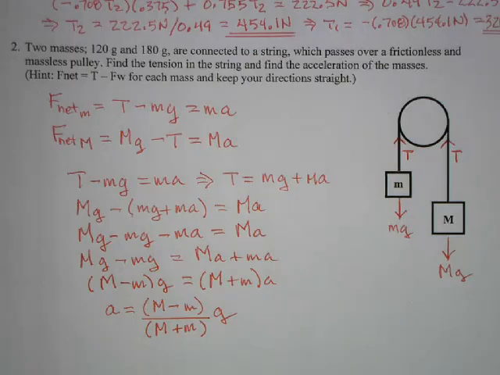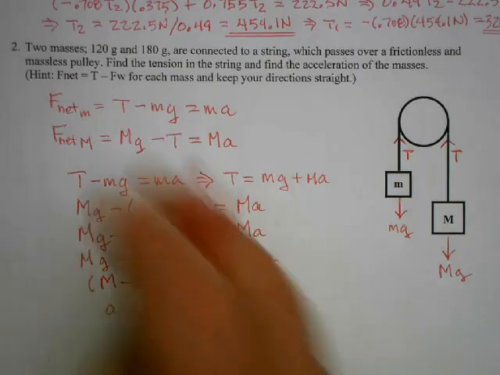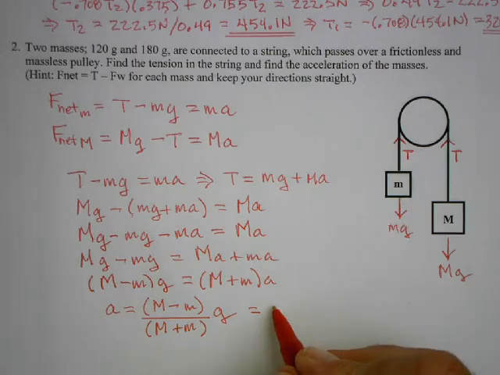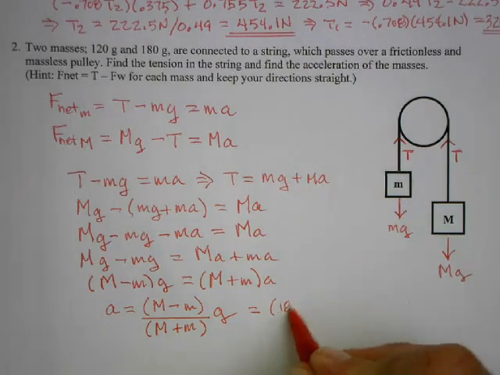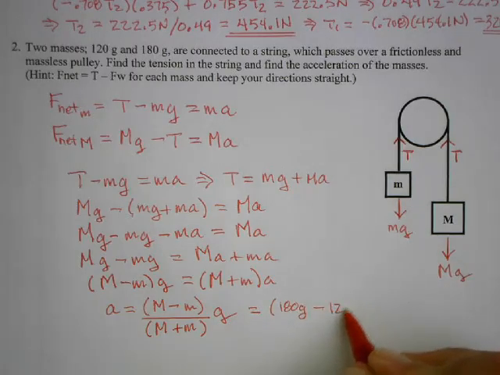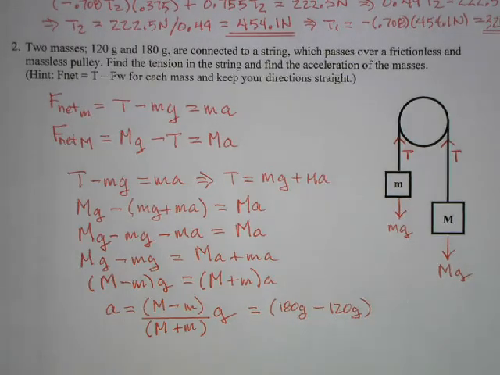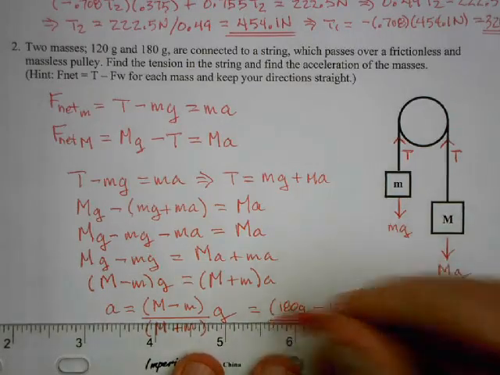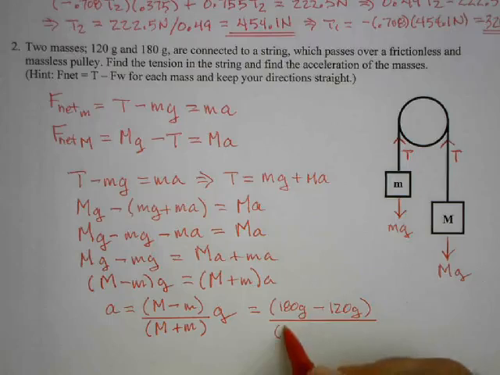So, hey, we could go ahead and plug in our numbers. Our bigger mass was 180. Our smaller one, 120. The g here is for grams, it's not gravity.